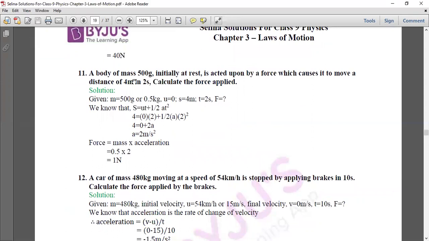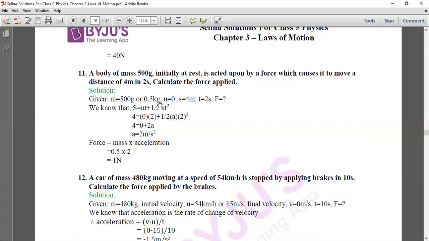Next, a body of mass 500 gram initially at rest is acted upon by a force which causes it to move a distance of 4 meter in 2 seconds. Calculate the force applied. Here m is equal to 500 gram, and we will convert it into kg, so it becomes 0.5 kg.